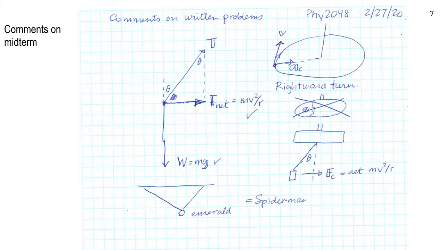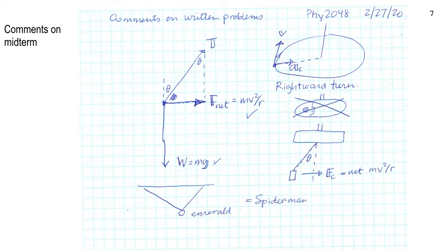So you're going to have some tension. So here's the string holding it up. So you're going to have a tension up at this angle like this. You're going to have some downward newtons from the weight force, which has got to balance the upward component here, 3, 4, 5. So I'm going to make my weight force 5 blocks down. So there's the weight force, which you can also calculate.